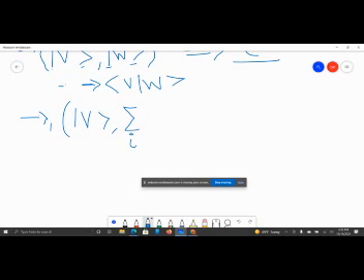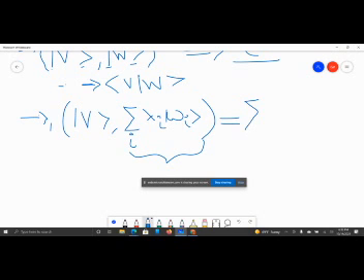So let's suppose we have some vector v, and then we take another vector, which is actually a linear combination of different vectors in a particular set W. So this is a linear combination of vectors in W, and we're taking their inner product. This is actually just equal to the summation over i of lambda i.